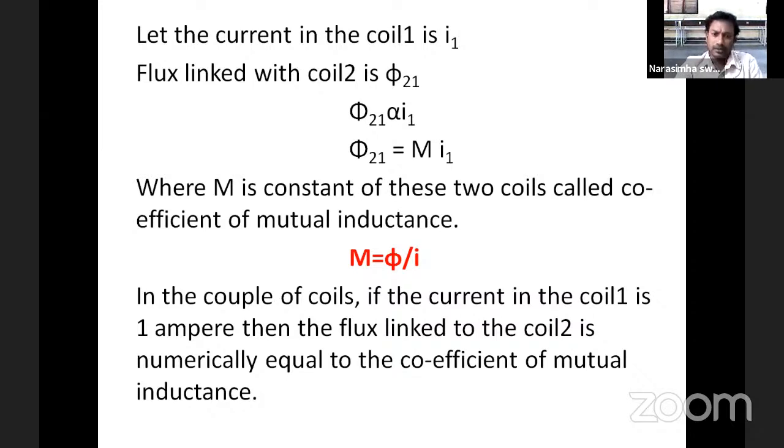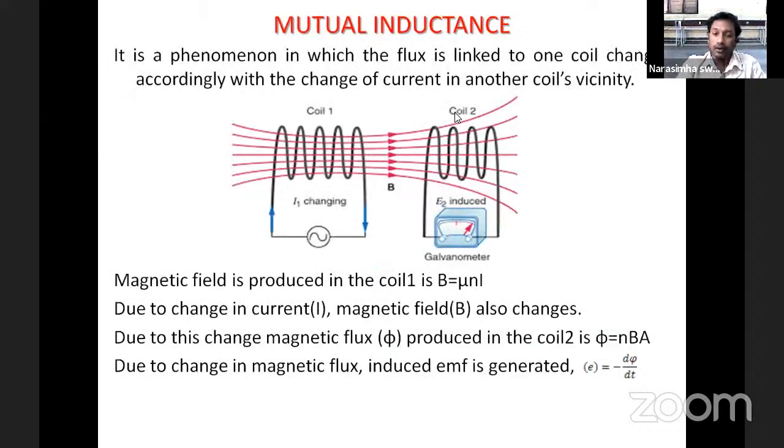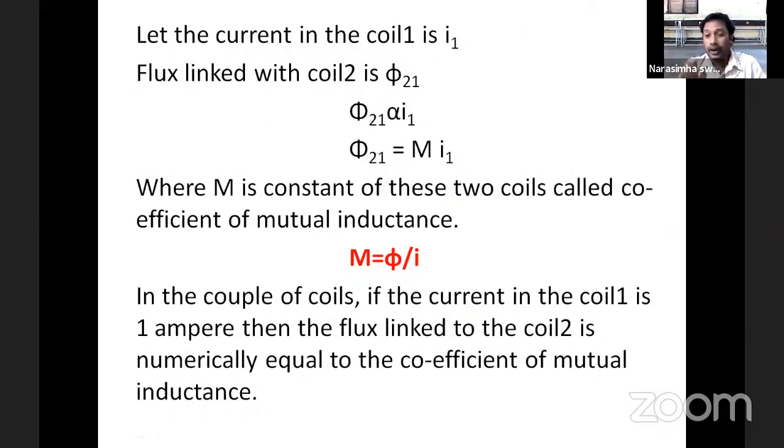The numbering is only for identification. I1 represents the current in coil 1, so the suffix 1 represents coil 1.